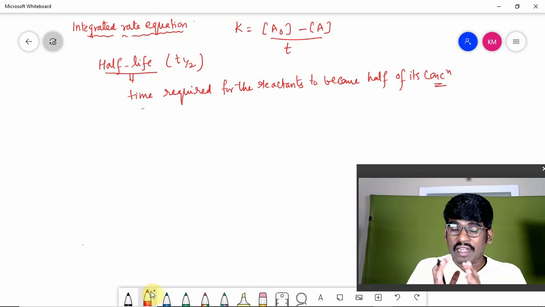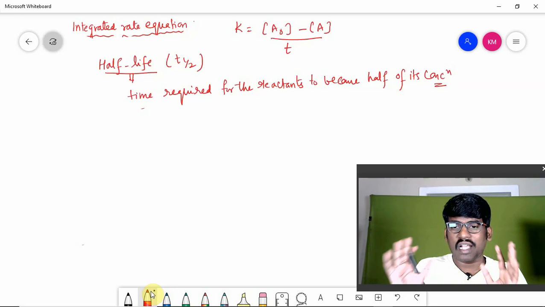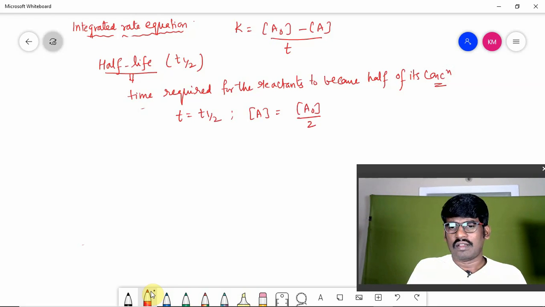If you take 100% of the reactants to convert into 50%, how much time is required? That can be taken as half-life. So for half-life, t is equal to t half, and A will be equal to A naught by 2, means compared to the initial concentration, the concentration should become half.